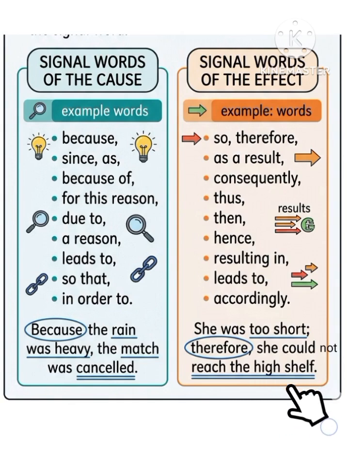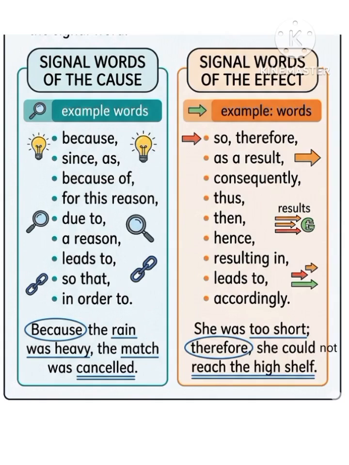What was the reason that made her unable to reach the high shelf? Yes, because she was too short. This is the cause, and this one is the effect. And this is the signal word that tells us about the effect.